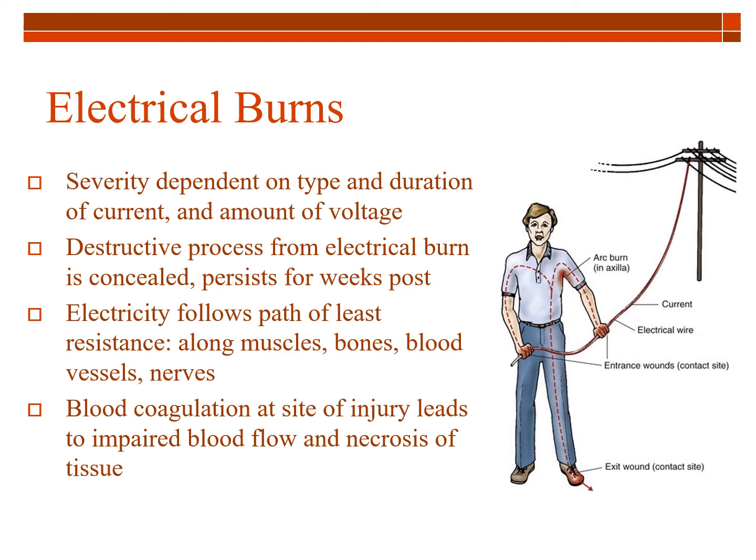Tissue densities offer various amounts of resistance to electric current. For example, fat and bone offer the most resistance. Nerves and blood vessels offer the least resistance. And the current that passes through vital organs produces more life-threatening sequelae than that which passes through other tissues.